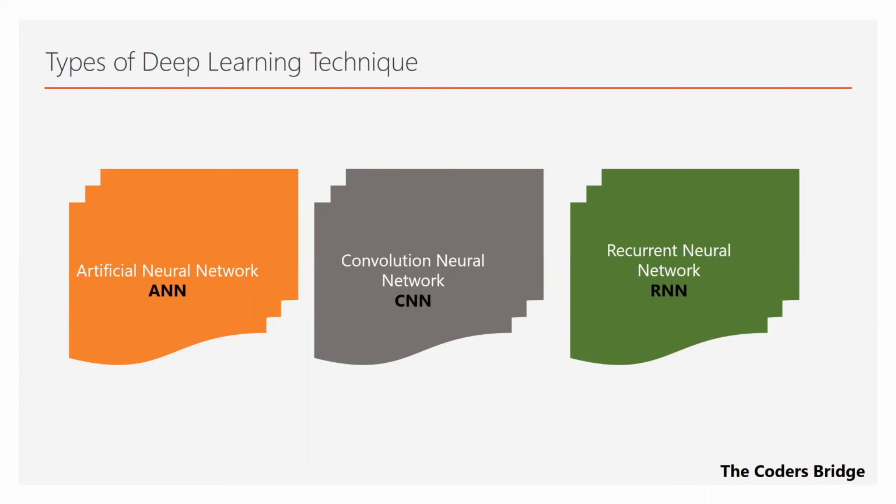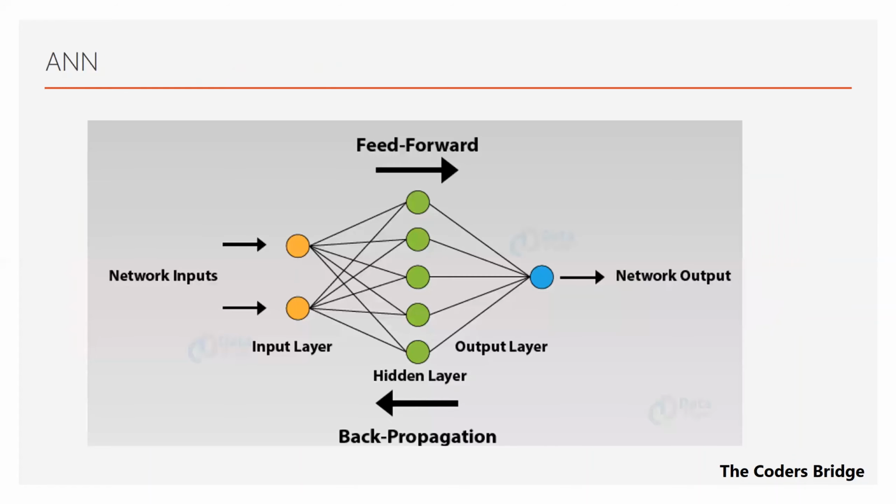In artificial neural network, we will see what a normal artificial neural network is. We will be having a combination of neurons. Here you can see the network input, which is nothing but the information fed to the model.